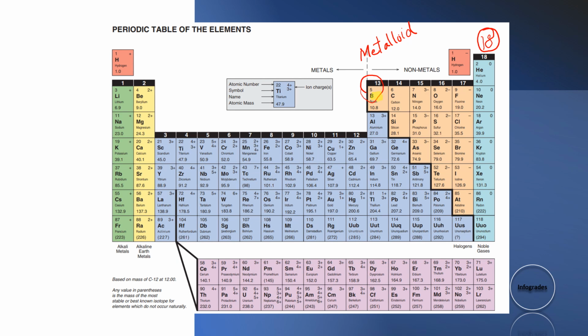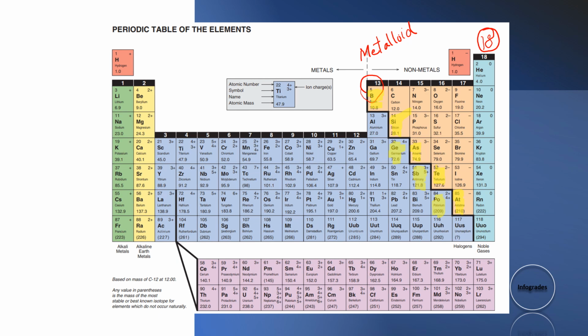So boron, silicon, germanium, arsenic, antimony, tellurium, polonium, astatine. But sorry, that's not aluminum. So these are the elements that are considered metalloids.